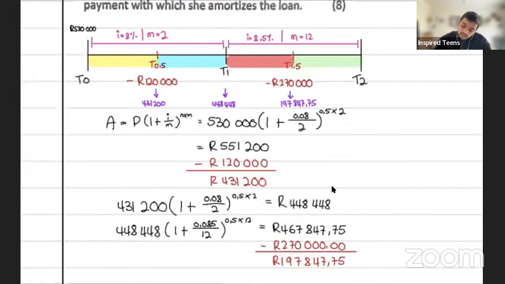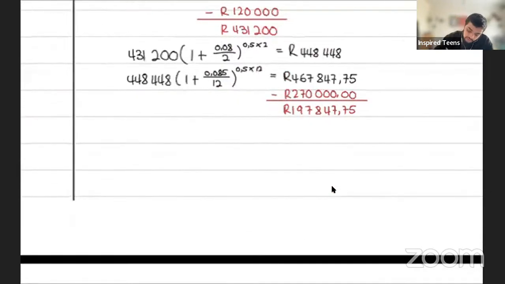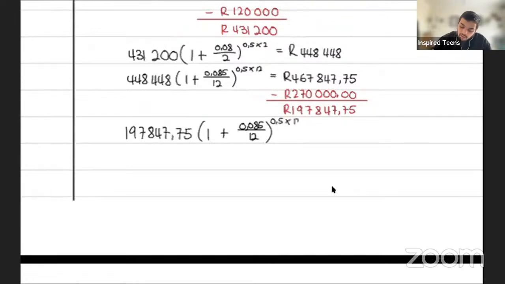So from this point, she owes $197,847.75 plus the interest rate is still the new one, 0.085 compounded monthly, to the power of half a year multiplied by 12.